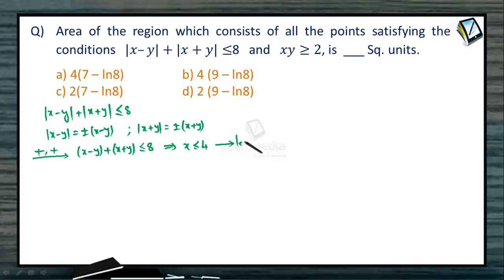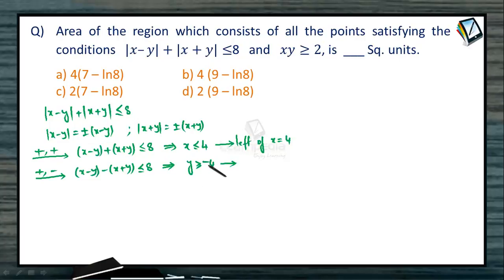This is the region to the left of the line x = 4. In the second case, when x − y is opened with a plus sign but x + y is opened with a minus sign, it becomes (x − y) − (x + y) ≤ 8, which in turn gives y ≥ −4.